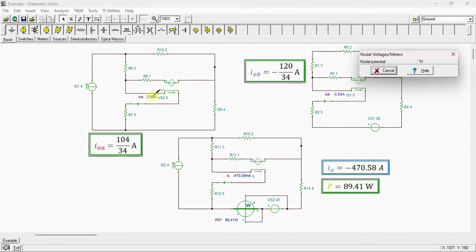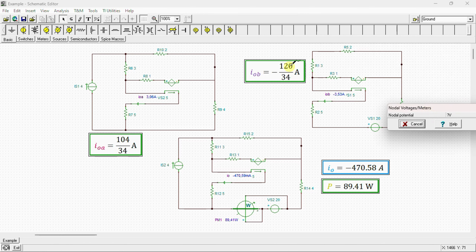We can see here that IOA is equal to 3.06 amps, the same as 104 over 34 amps, and IOB is equal to negative 3.53 amps, the same as negative 120 over 34, and this is the current IO through the resistor R2, equal to negative 470.59 milliamps, which is almost the same value we found by calculation.